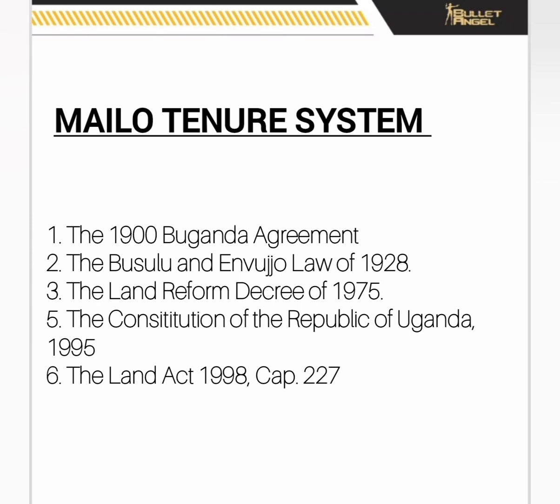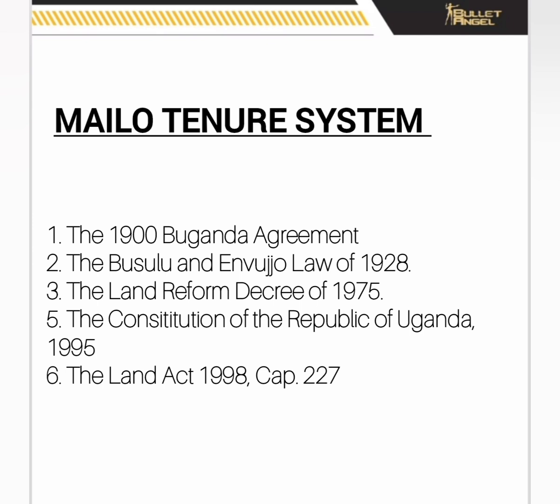So the provisions which were very pertinent in the 1928 Busulu and Envujo law were: one, they fixed an annual rent of Busulu, which was 10 shillings. Yes, the Kibanja holder enjoyed inheritable rights over this land.